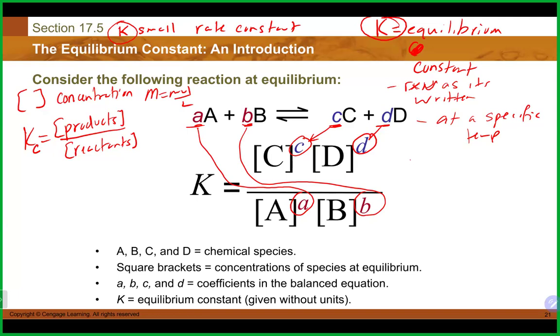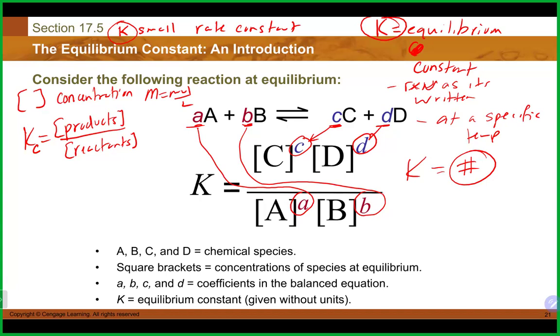K is one of the few things in chemistry that is just a number, with no units attached to it. That number does tell you something: when you reach equilibrium, what you should expect to mainly be there.